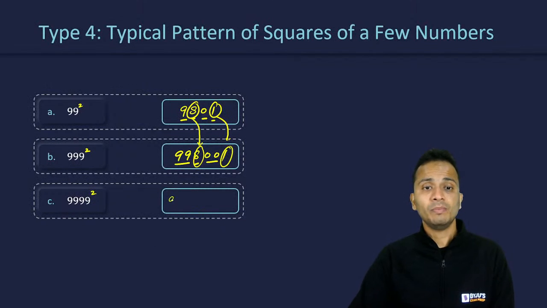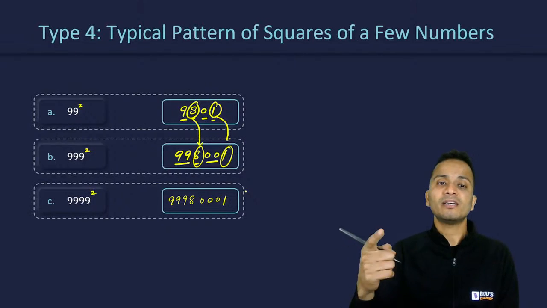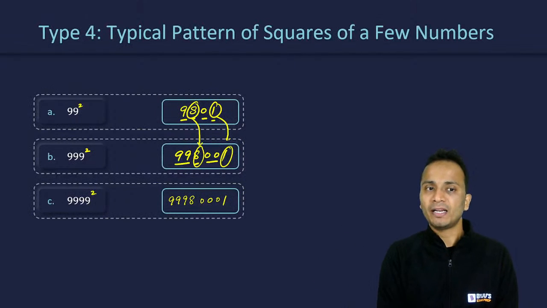So the result here will be 99980001. So if you were unable to understand the pattern earlier, now you'll be able to catch it.